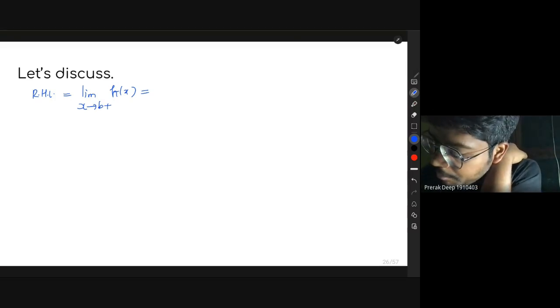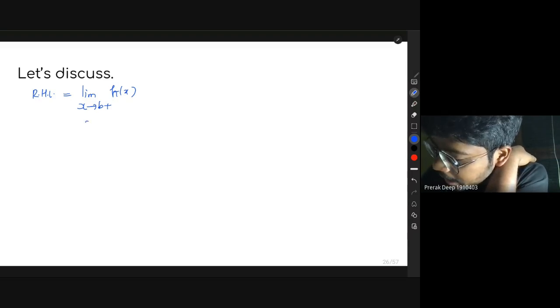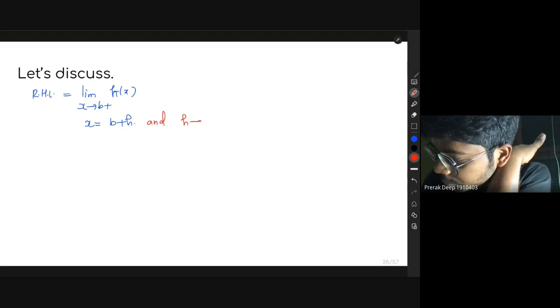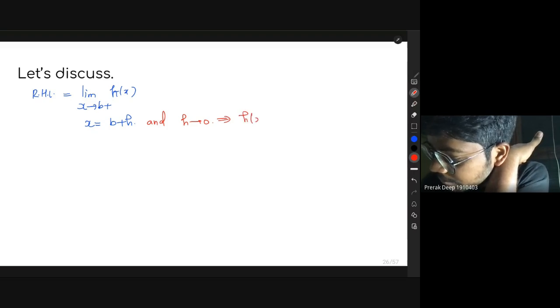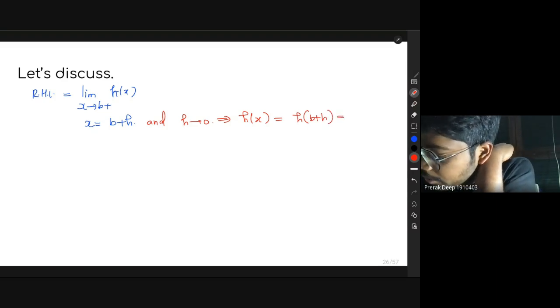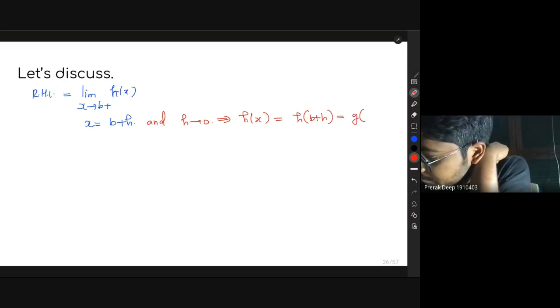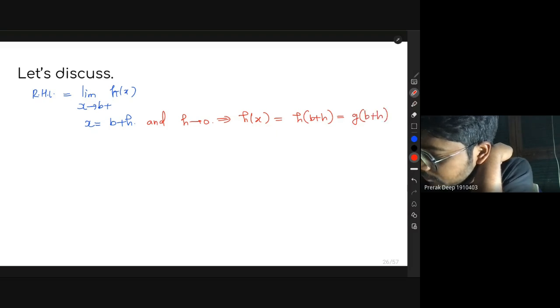It means I am approaching from the right-hand side, so that means my x is like b plus h, and h is approaching 0. This will imply that my function h(x), which will be at b plus h, will be the same as g(x).